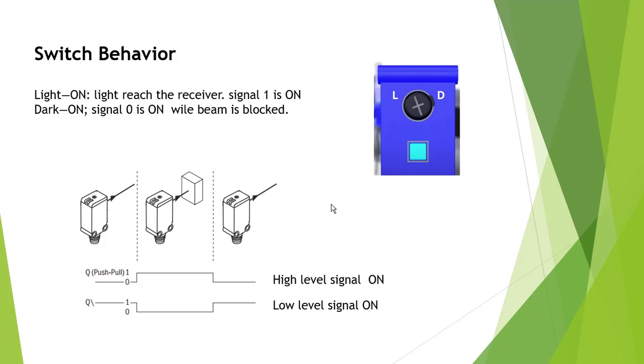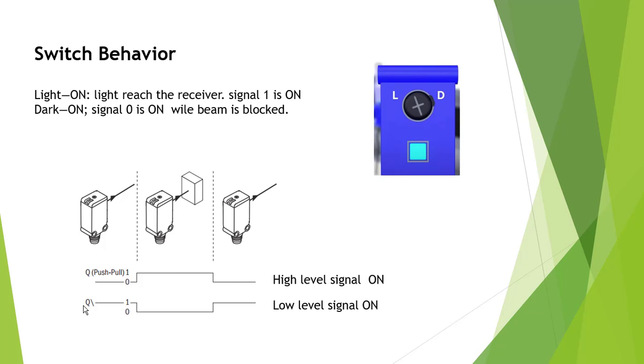Okay? Look, this one is Q, light on. Reverse Q is dark on. Here it is active, when the detector detects the object the sensor is active. So a high level signal is coming, Y is on.